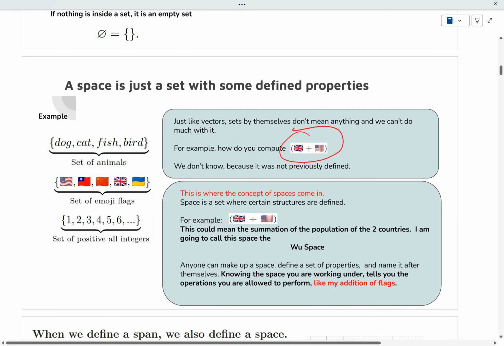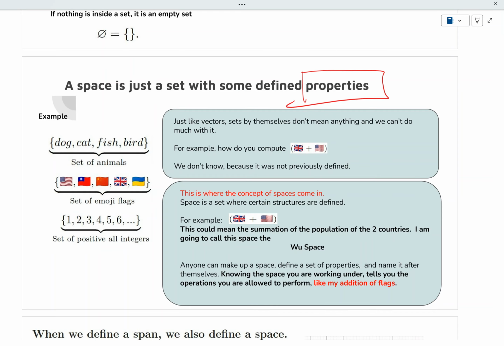What does that mean? Well, if it's just a set, nothing is defined. It's just a set. But as soon as you define some kind of property of how elements inside a set interact with each other, then the set becomes a space. So the only difference between a set and a space is that a space defines some kind of property.